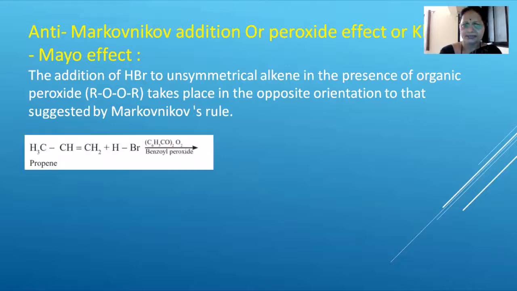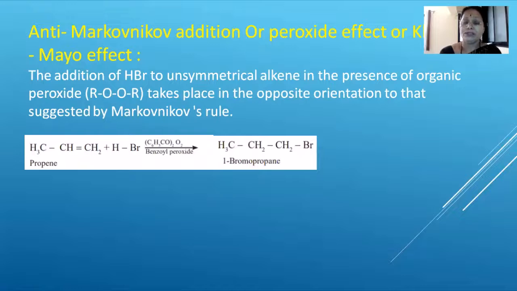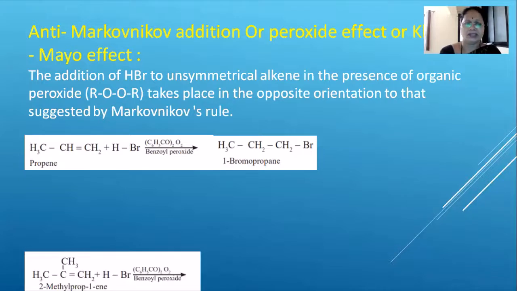For example, same propene plus HBr in presence of benzoyl peroxide. Here formation of 1 bromopropane takes place. Now, in absence of peroxide, 1 bromopropane is minor product, but in presence of peroxide, it is major product, which is called peroxide effect or Kharash-Mayo effect.